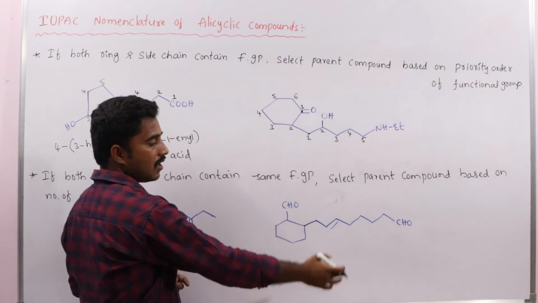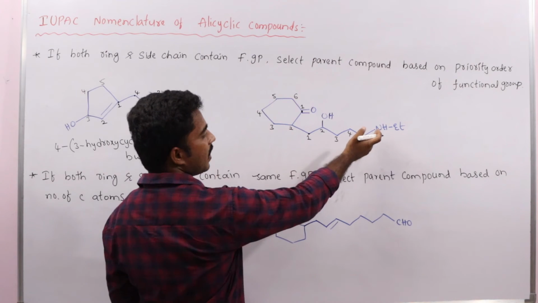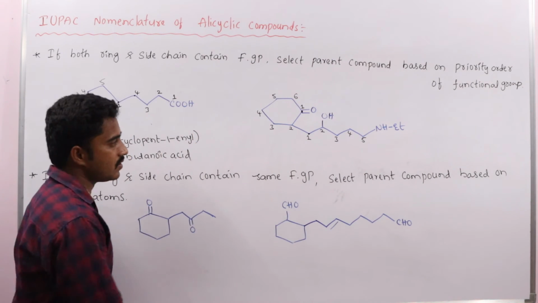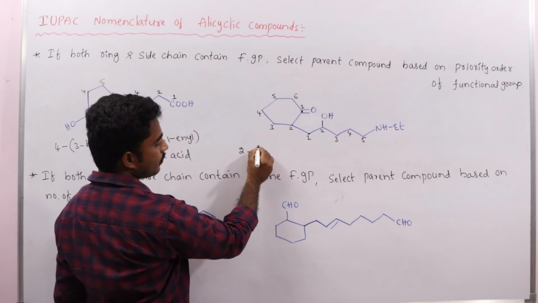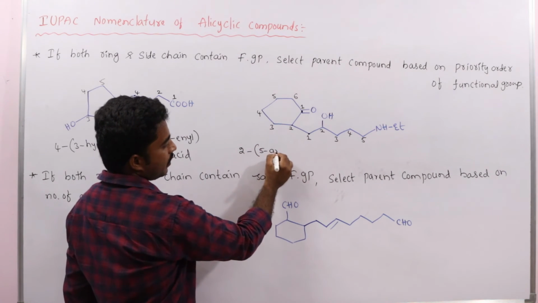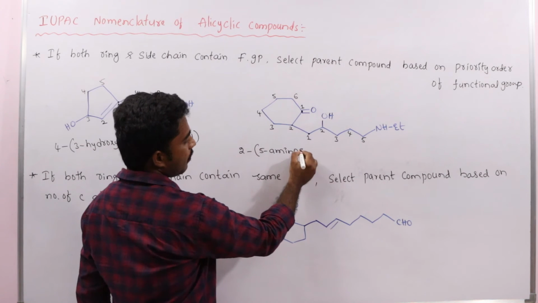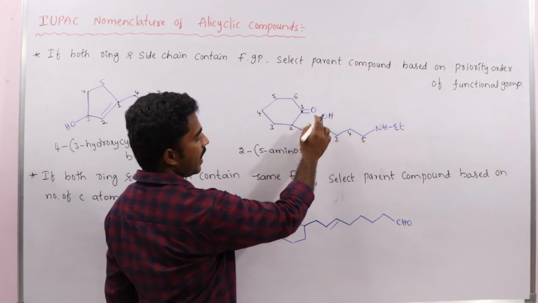Aminoethyl will come first because OH is hydroxy, H is there. According to alphabetical order, aminoethyl will come first. That's why we should write at second position of the parent compound, 5-aminoethyl. Next, 2-hydroxy.